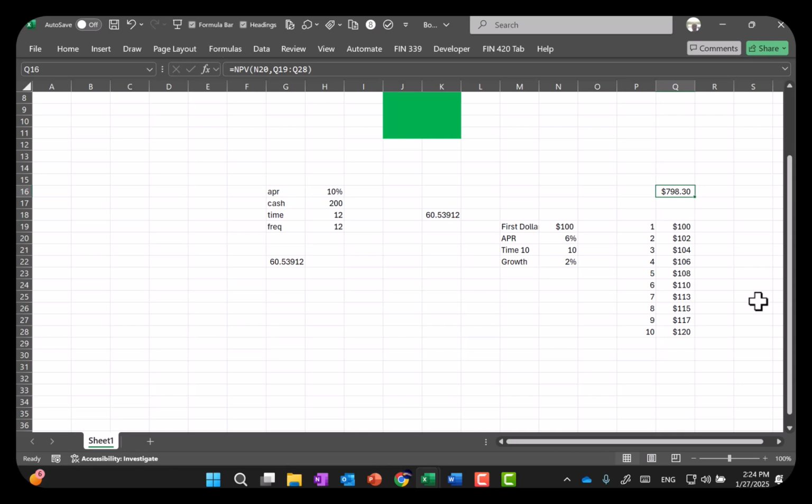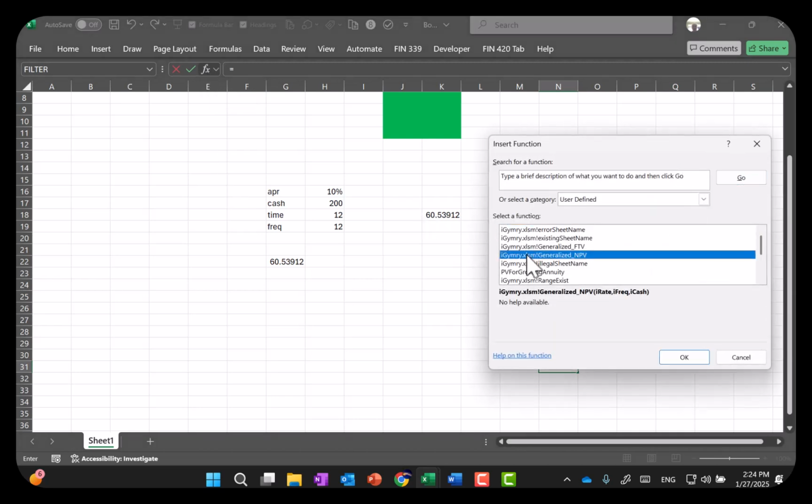We call this PV for growing annuity. Okay, my iCash is $100. iRate is 6%. iFreq, I just assumed 1 here. iTime is 10, and iGrow is 2.